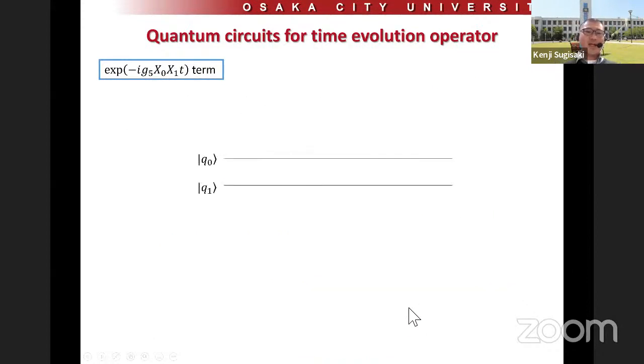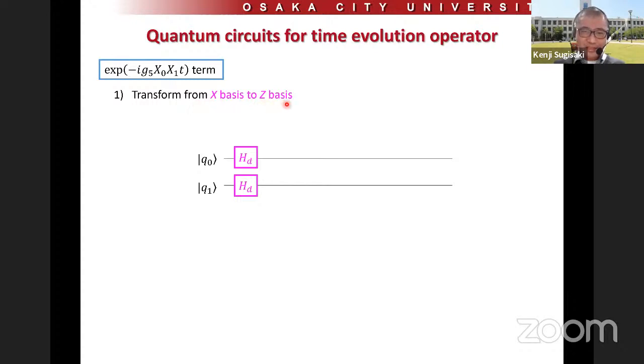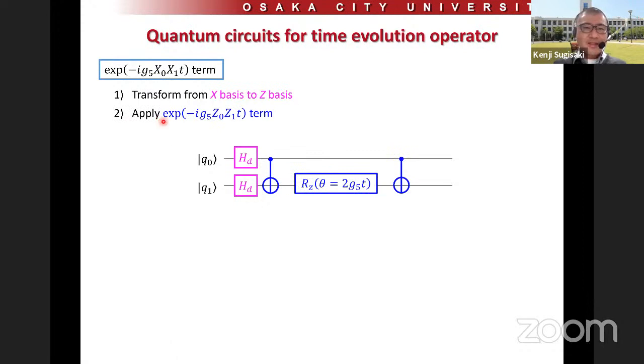The next is this term. This term has two Pauli X gates. In this case, first, we apply a Hadamard gate to transform from the X basis to the Z basis, and then perform the quantum circuit corresponding to exponential minus i g5 C0 C1 t, as shown here.